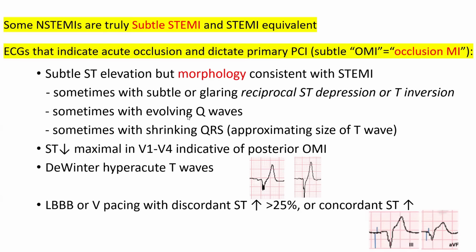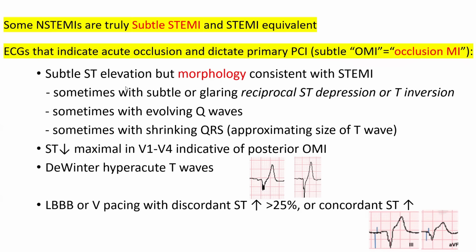Which brings me to this other extremely important topic that I discussed in the past and I want to discuss again. Some non-STEMI are actually subtle STEMI and STEMI equivalent. And these are features on the EKG that you need to know because they indicate that this patient is not non-STEMI, it's a STEMI, and you need to consider emergent primary PCI.